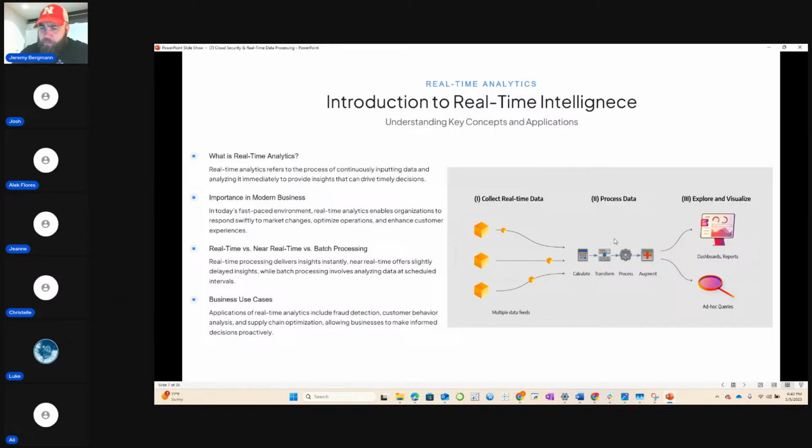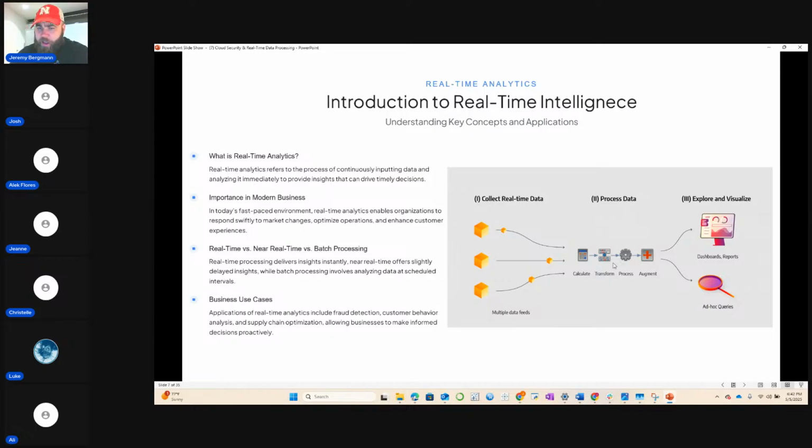And then you transform them for analytical purposes, and then you process it. Maybe it's rules-based processing, or some type of machine learning model or analytical function that detects outliers potentially. So you're processing it in near real time.